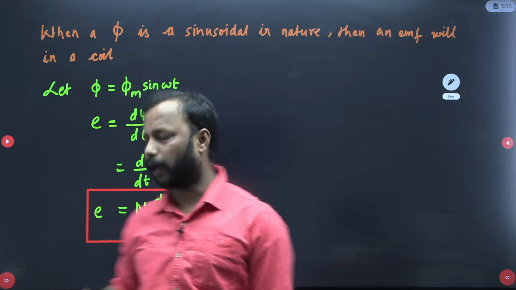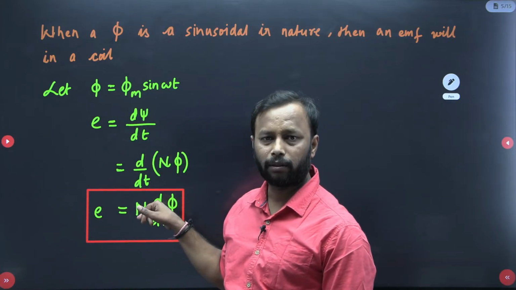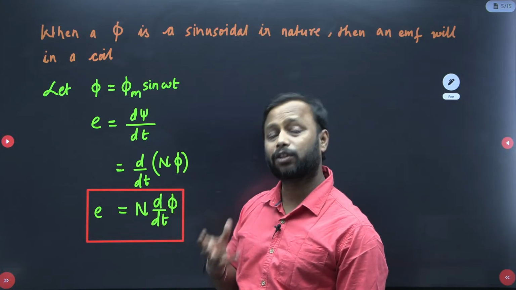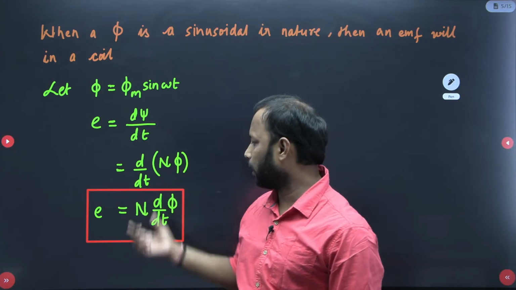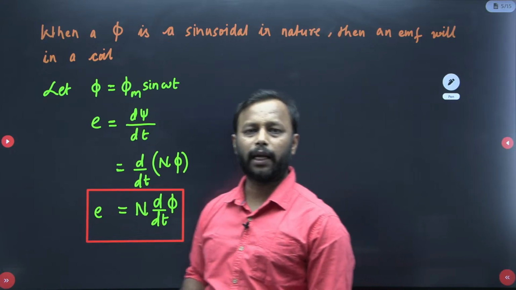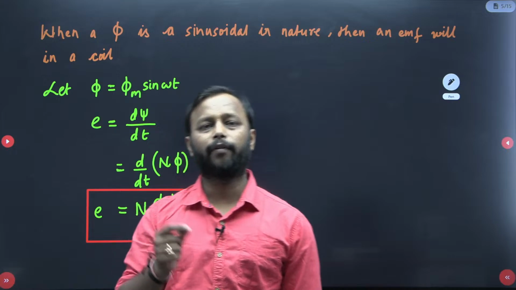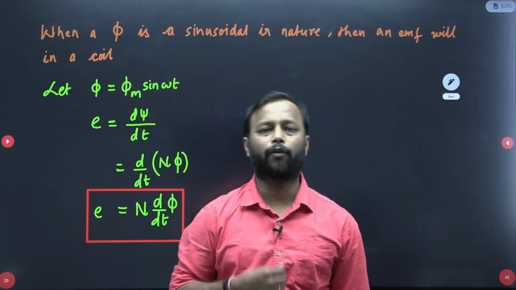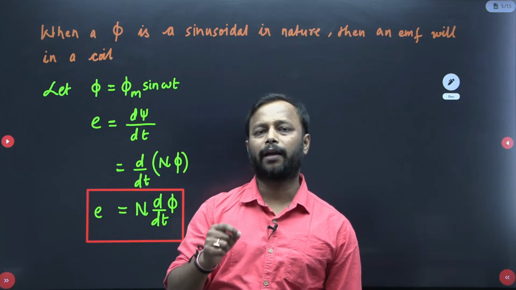As I told you, it has to be constant. If the flux is constant or fixed, then no EMF is going to be induced. This is the reason why in a transformer you have alternating current, because current is responsible for the flow of magnetic field.